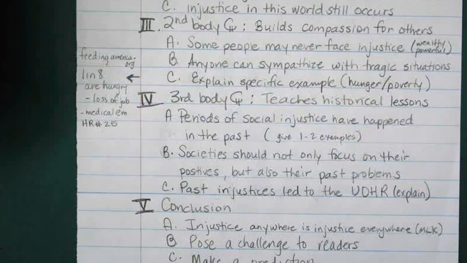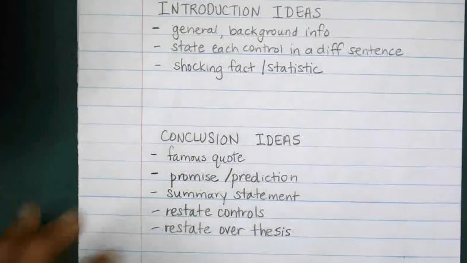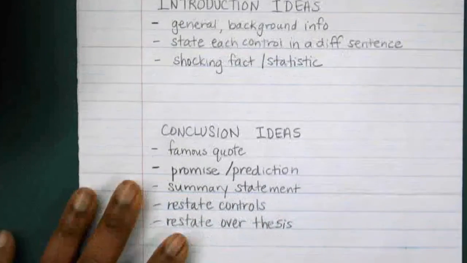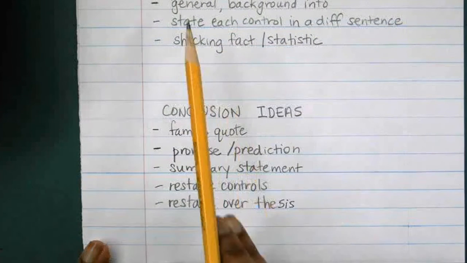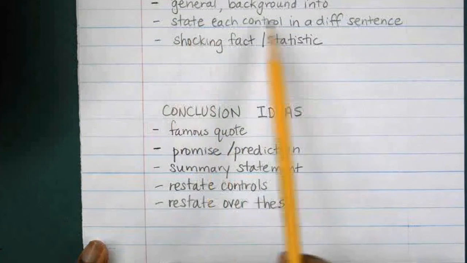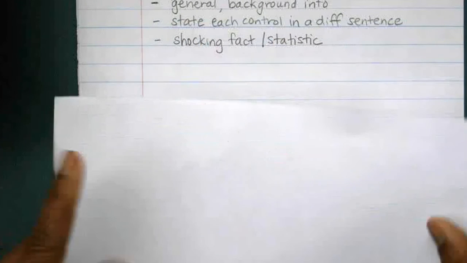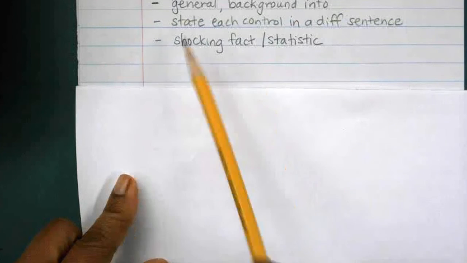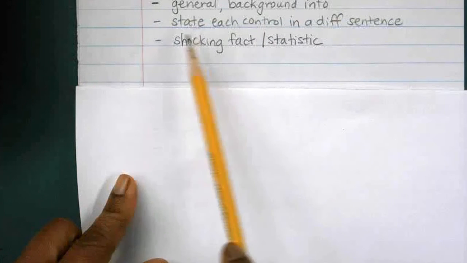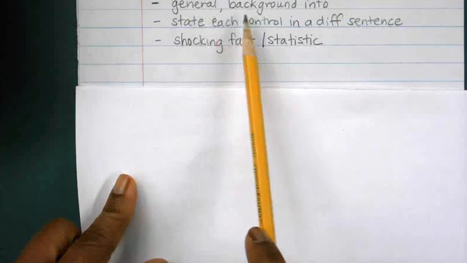So before you pause and write your conclusion ideas, I have a few that might be able to help you. I forgot to share the introduction ideas, but I'll share them all at the same time. If you're wondering how you can introduce without giving a whole bunch of facts that are going to be in your body paragraphs, here are some things you can do.